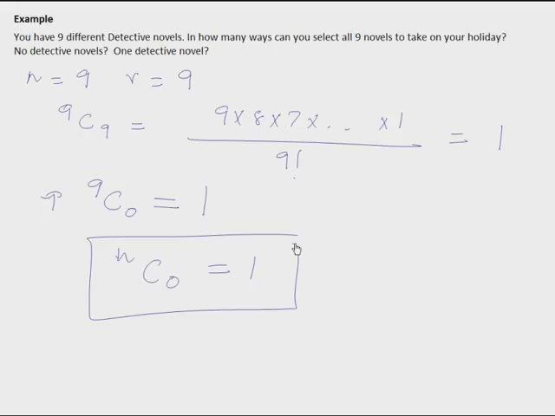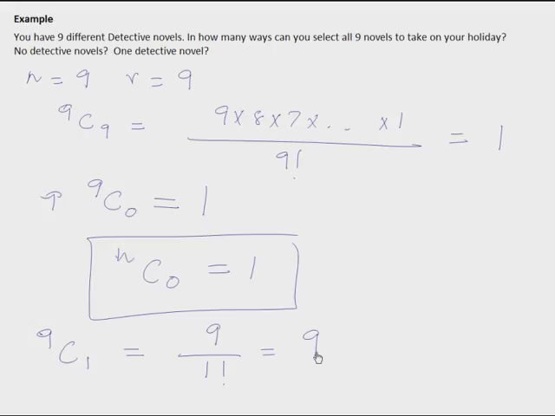And how many ways can I pick 1 detective novel? So I want 9C1. Well, that's 9 upon 1 factorial, which is 9. And that's basically common sense. Who needs a formula to figure out in how many ways I can pick one thing out of 9 things? Well, obviously 9 ways.